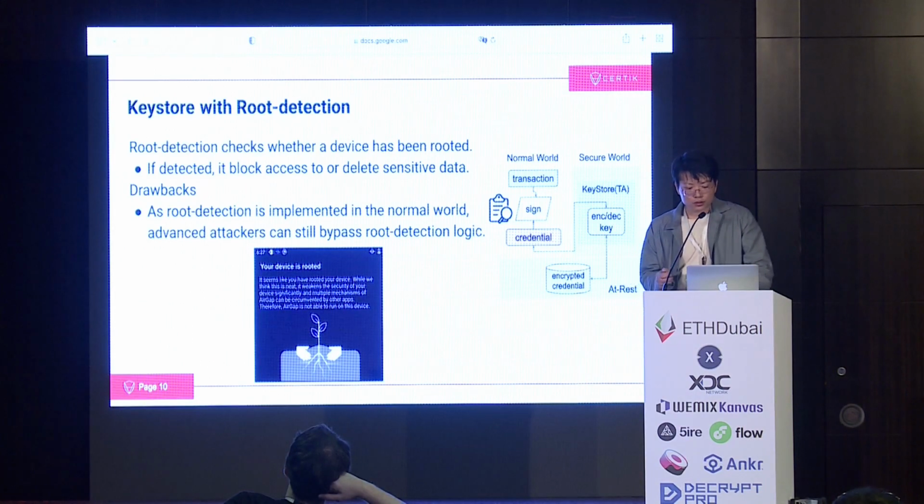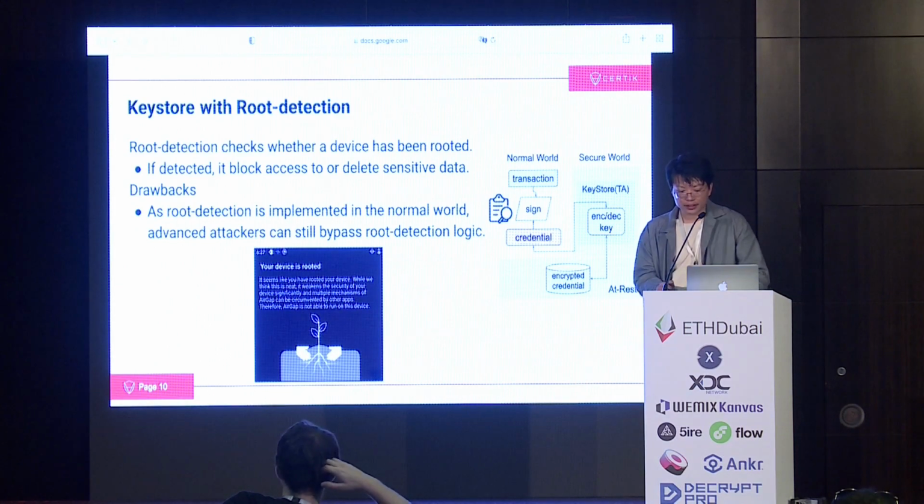However, as the root detection is implemented in the normal world, advanced attackers can reverse engineer the root detection logic and alter the check conditions to bypass the detection. Once the detection is bypassed, the attacker can wait until the credentials are uncovered and then extract them from memory.